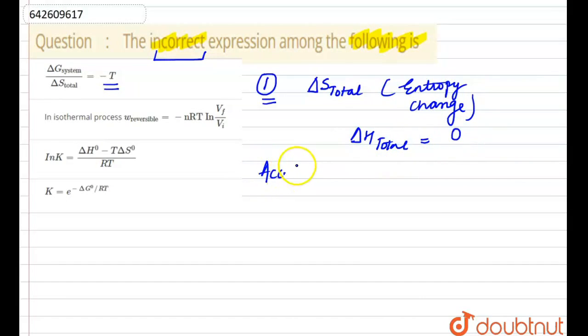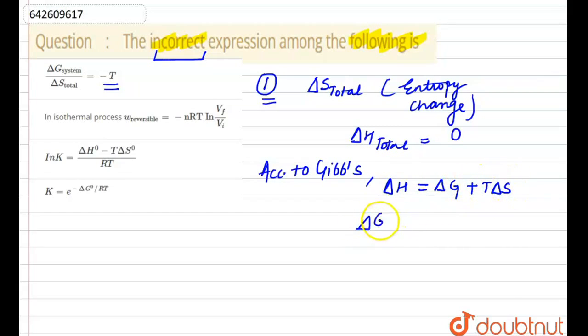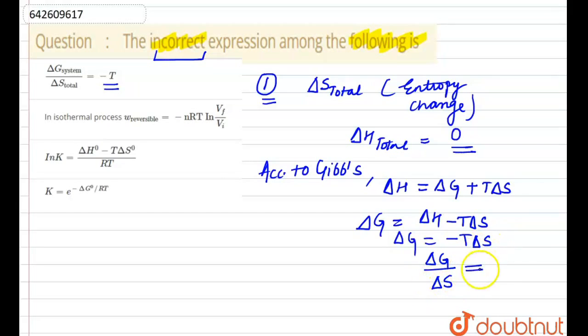According to the Gibbs equation, delta H is equal to delta G plus T delta S. From here we get delta G equals delta H minus T delta S. For a system the value of delta H is 0, so delta G is equal to minus T delta S, and from here we get delta G for system divided by delta S entropy change for system equals minus T. So this first statement is true, or we can say correct.